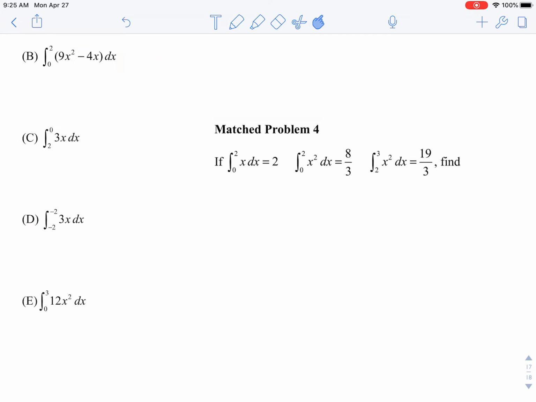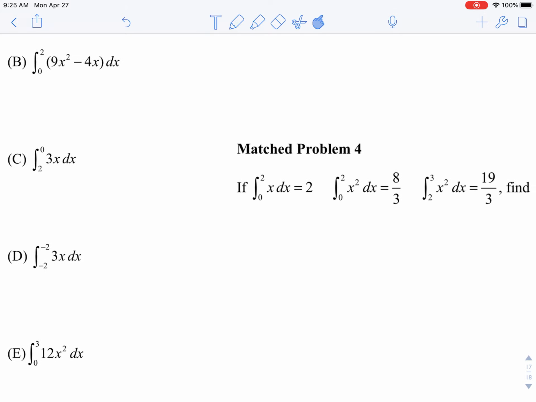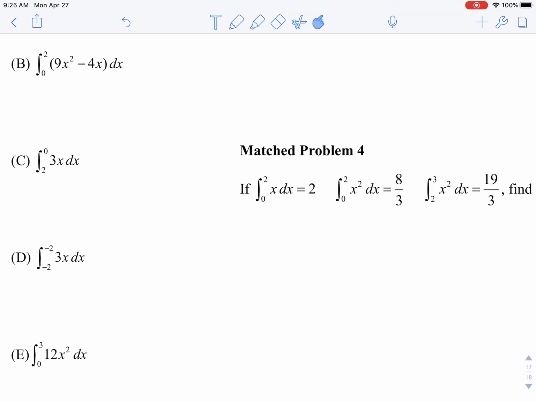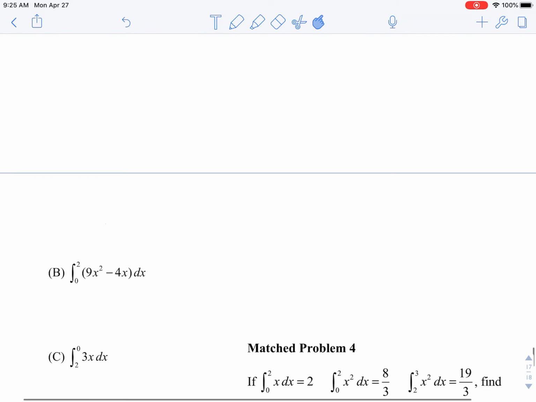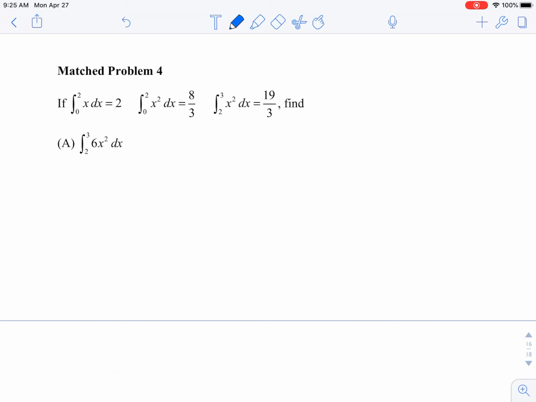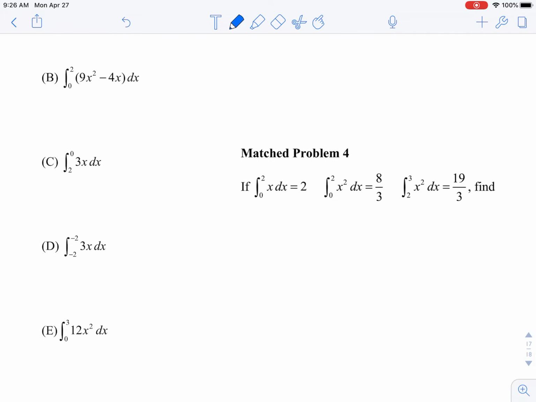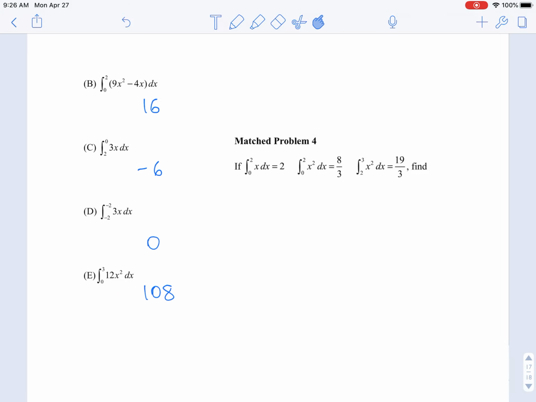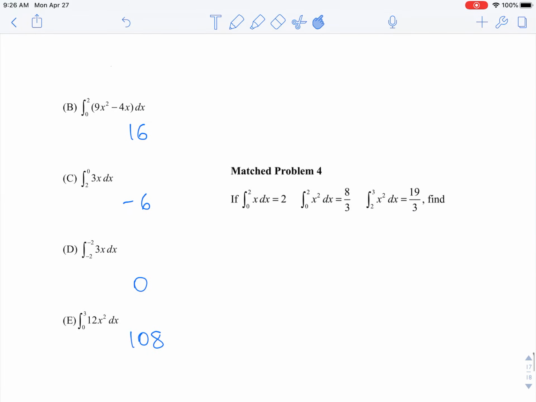And then B through E. Try to zoom in on that as much as I can for you. And that is it for this section.